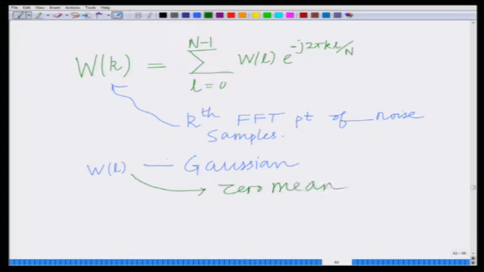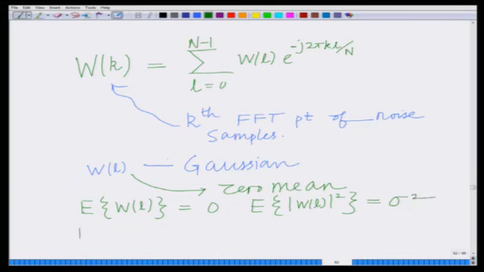So, the small wls are Gaussian and zero mean, that means the expected value of wl equals 0. The noise power is sigma squared, which means the expected value of magnitude wl squared is equal to sigma squared. Further, the noise is IID, which means the expected value of wl times wl tilde conjugate is 0, that is two noise samples l and l tilde are uncorrelated.